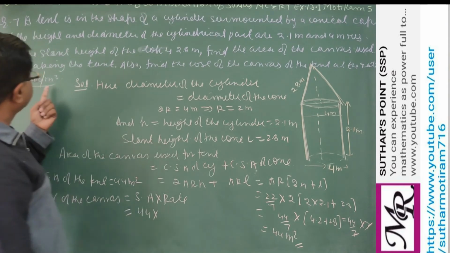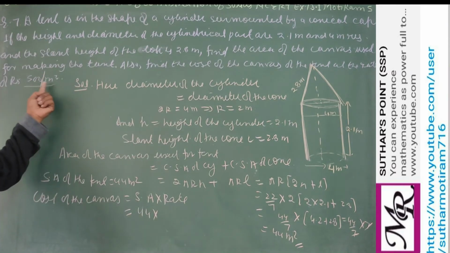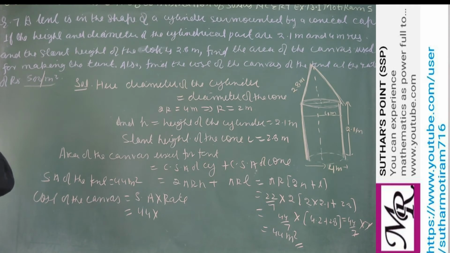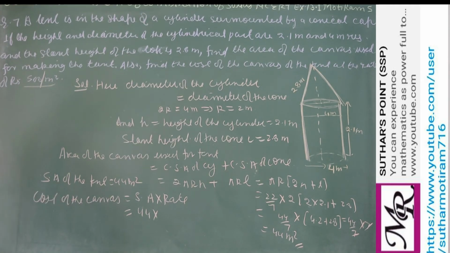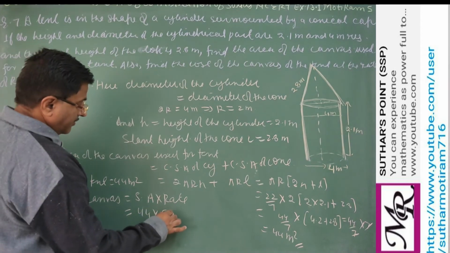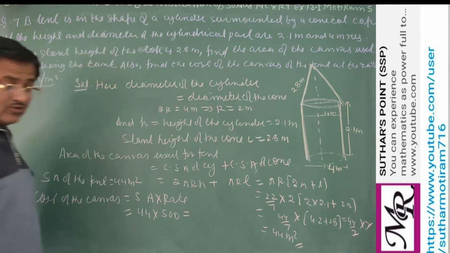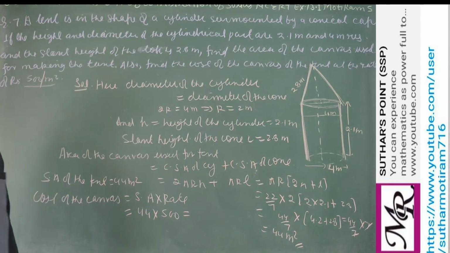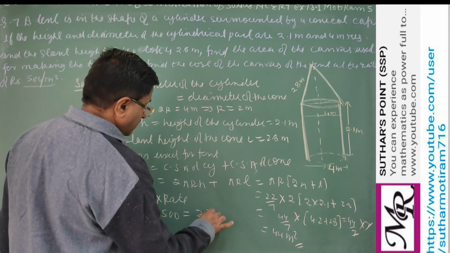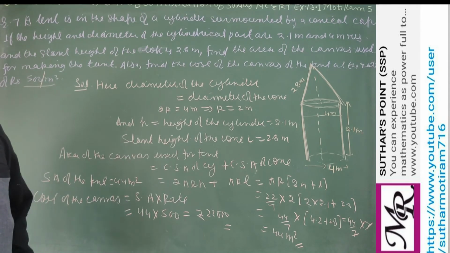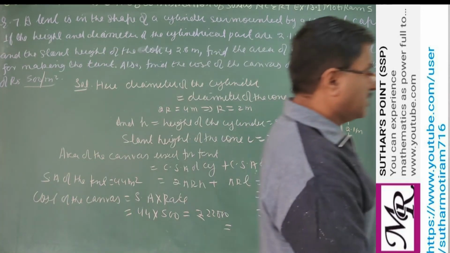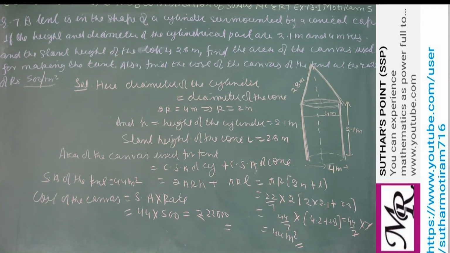The rate per meter is 500. For 1 meter 500, and for 44 meter, you have to multiply by 500. So that will be in rupees 22,000. So finally we get the cost of the canvas, 22,000. This is also a very important problem in daily life.